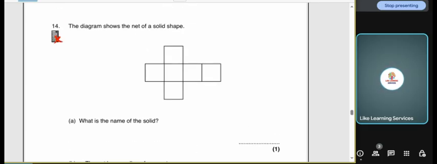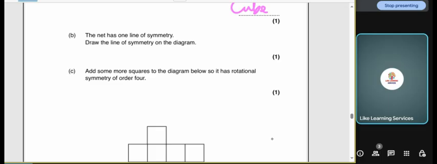What's the name of the solid that it will form when you fold it? It will form a cube.